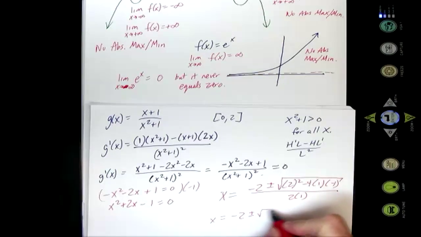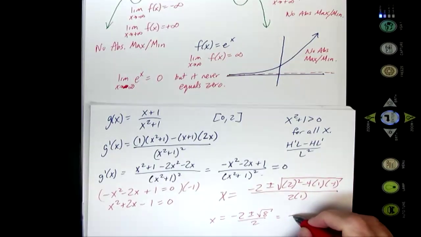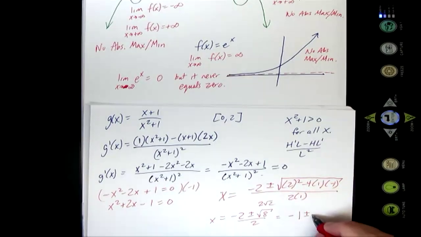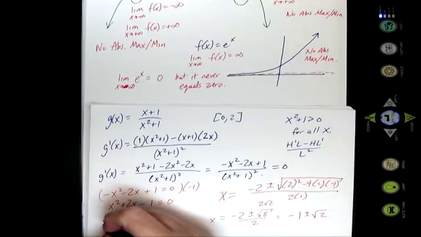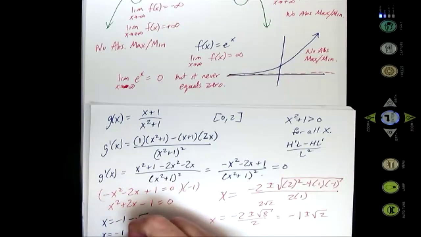That is square root of 8 over 2, which is negative 1 plus or minus, square root of 8 is 2√2, the 2's will cancel, and we got that. So x equals negative 1 minus square root of 2, and x equals negative 1 plus square root of 2.